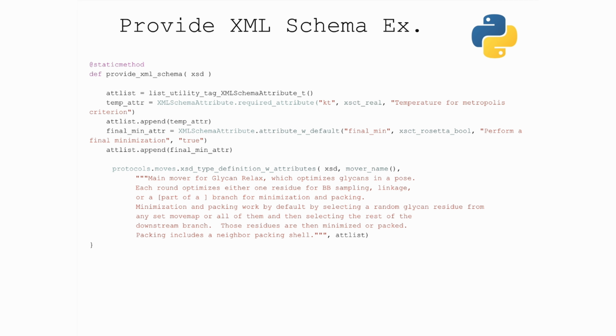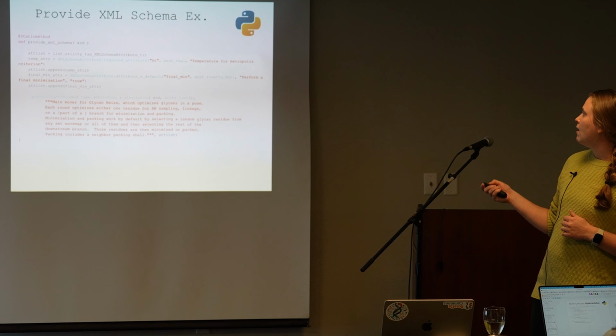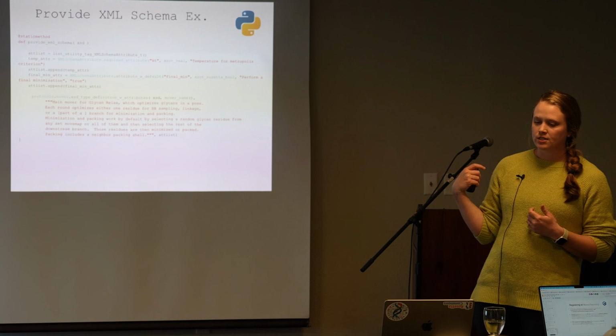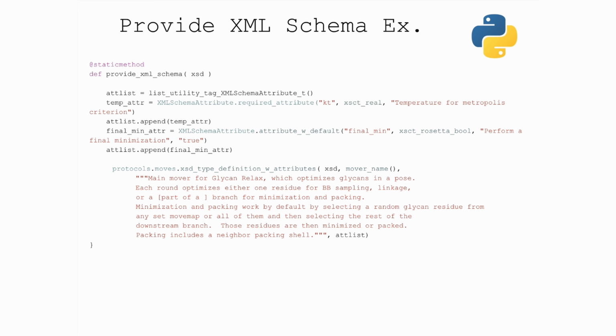Instead of the attribute list, you're going to have list utility tag XML schema attribute underscore T. And then the rest of this is going to look very similar, where you're listing your different attributes. Here we have a required attribute that we add, that is the string for that attribute, what the type is, and then a description for that. And once we create that, we append it back to our attribute list.